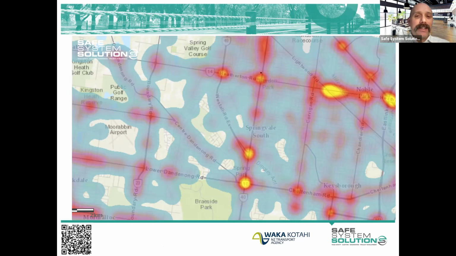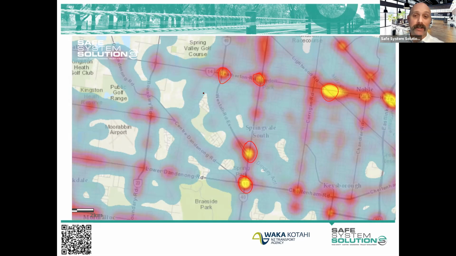And these hotspots of death and serious injury are all at signalised intersections, large signalised intersections. In fact, I dare say if you run your crash data for the country or the city that you're in, you'll find large signalised intersections being your dominant source of death and serious injury in terms of intersection crashes.